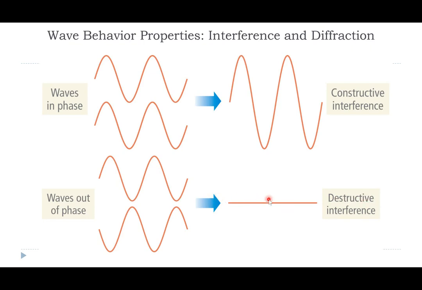The amplitude gets reduced, or in this case, it just flatlines. It goes to zero. So when waves are out of phase, they interfere out of phase. We have destructive interference. Amplitude goes down. What would we observe? Well, we would observe this light either getting dim or going all the way black. So that amplitude would go down to zero.